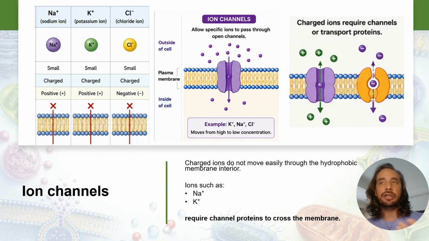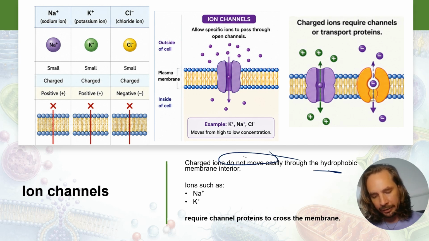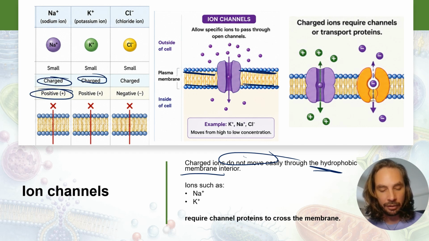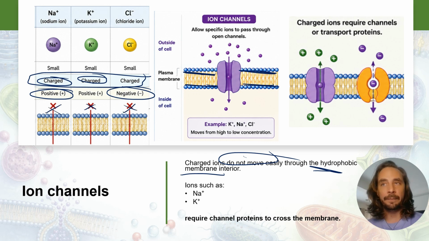Now, ion channels. Ions do not move easily through this hydrophobic membrane interior. Ions cannot cross it because they are charged. They can be positively charged or negatively charged, but as soon as they are charged, they cannot cross this cell membrane.